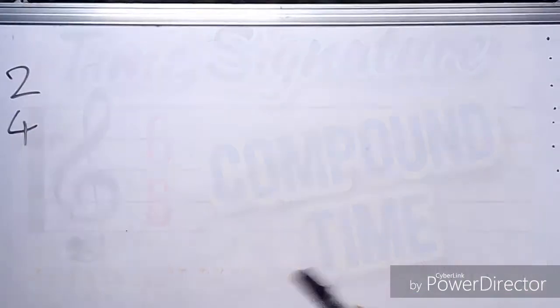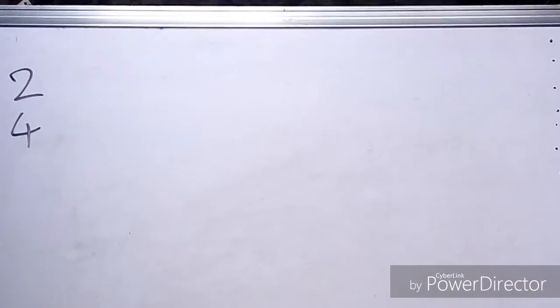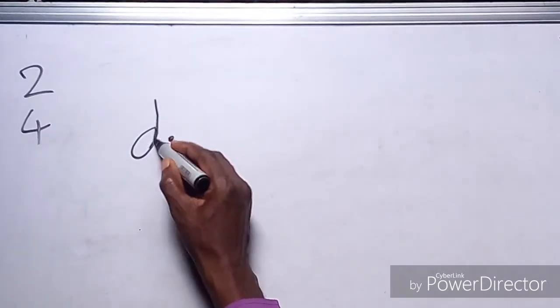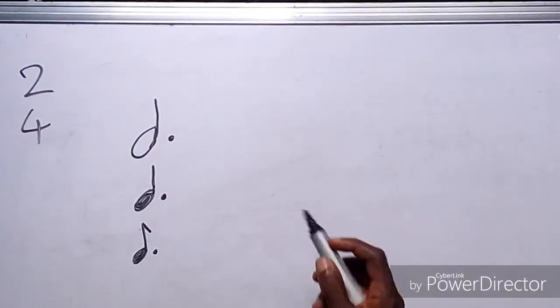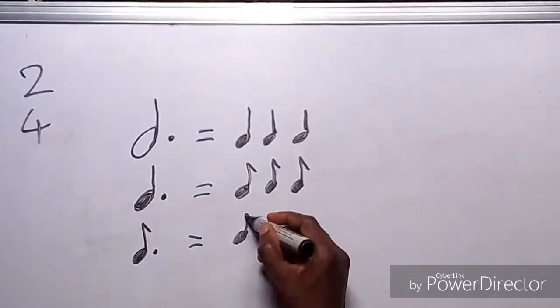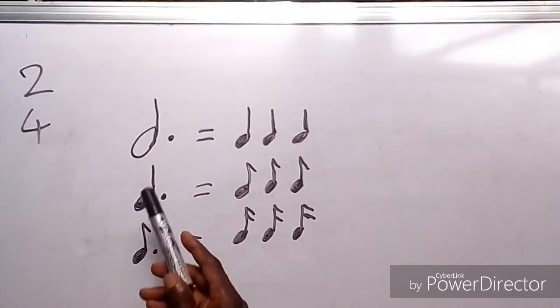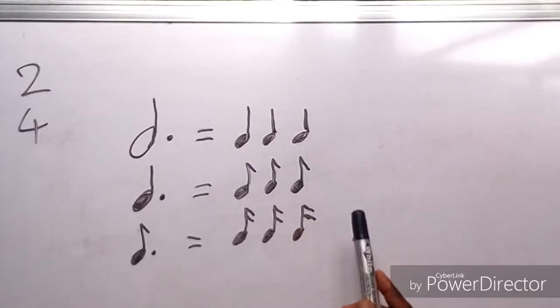Now let's go to compound time. In compound time, the beats are usually dotted notes, or they are groups of 3 notes.